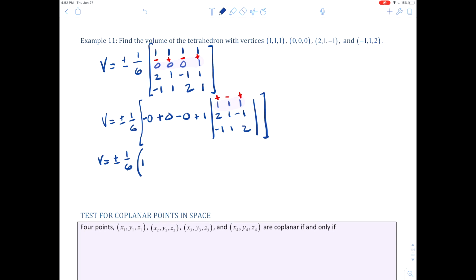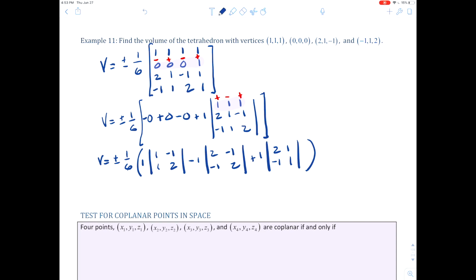So we'll have 1 times the determinant of 1, -1, 1, 2, minus 1 times the determinant of 2, -1, -1, 2, and then plus 1 times the determinant 2, 1, -1, 1.